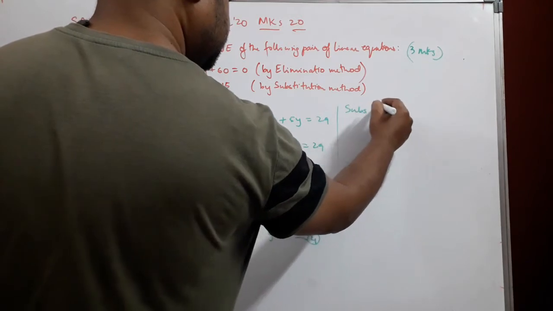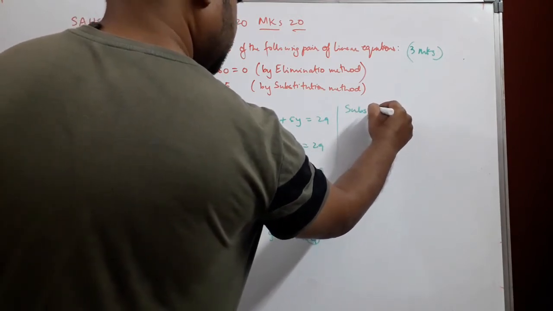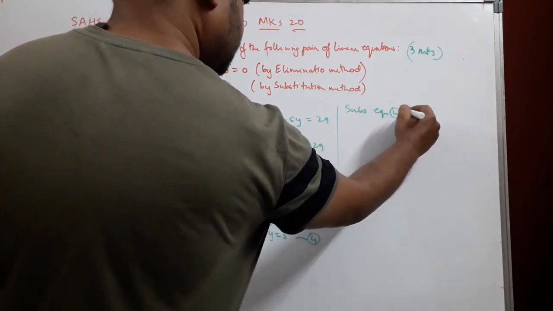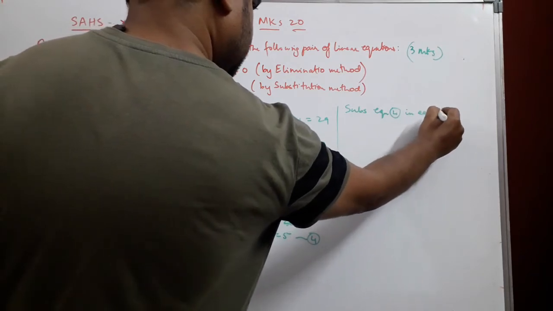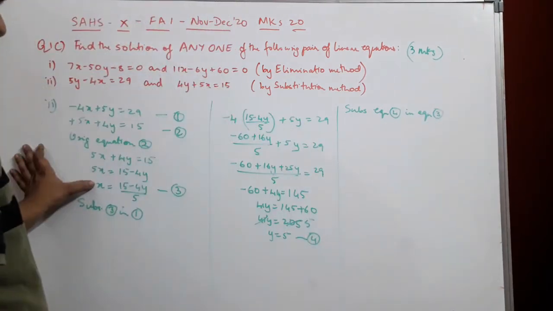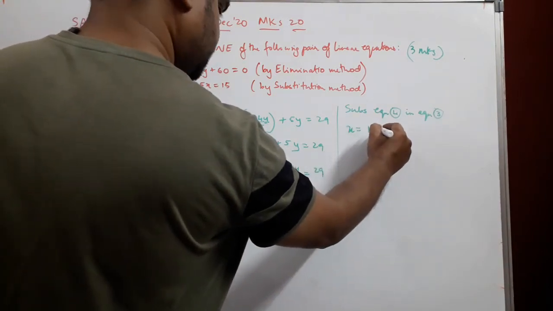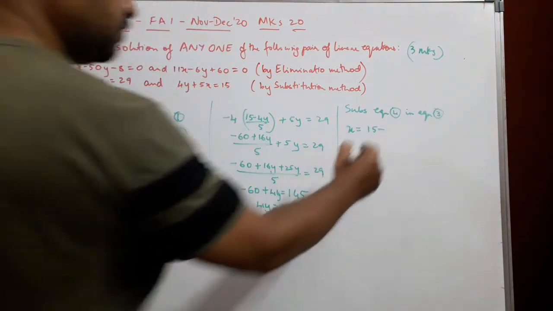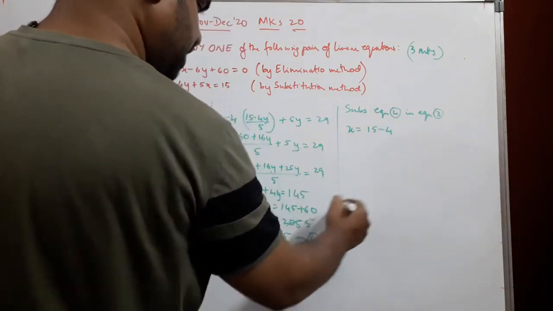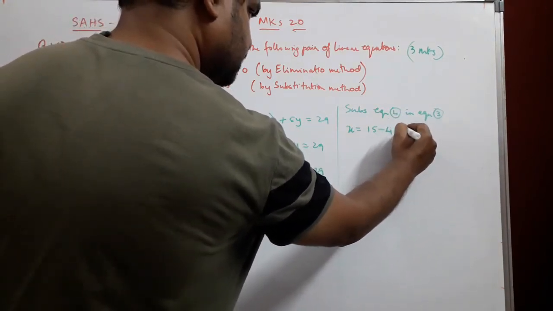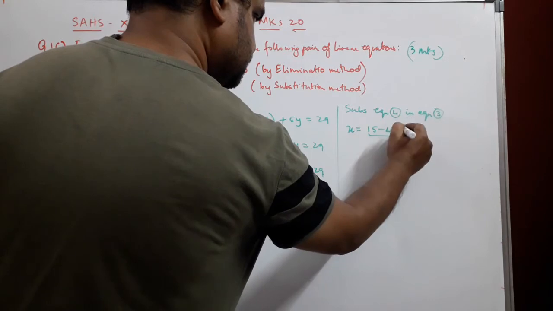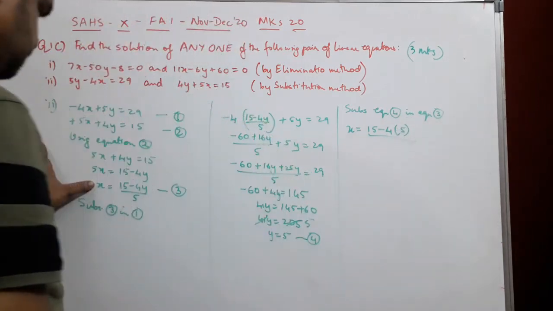Substitute equation 4 in equation 3, which is this one. So x equal to 15 minus 4y. In place of y we put the value of y, which is 5. Whole thing upon 5.